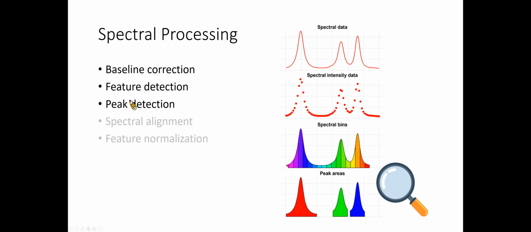The objective of the feature detection step is to identify and quantify the features present in the spectra. Peak-based methods are the most common algorithm choice for feature detection in mass-based studies.